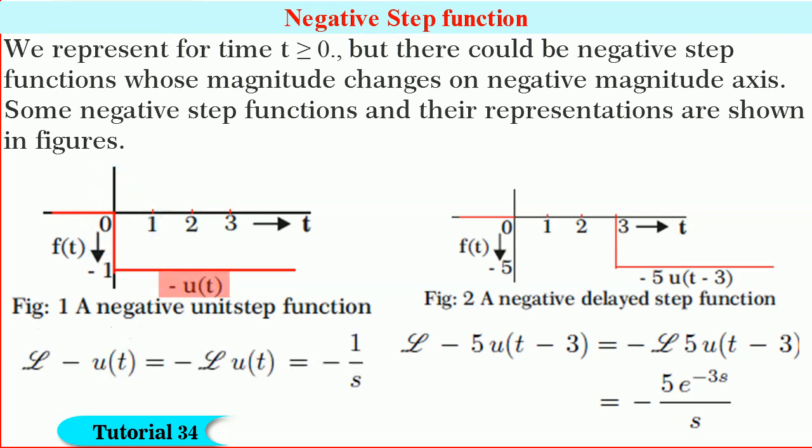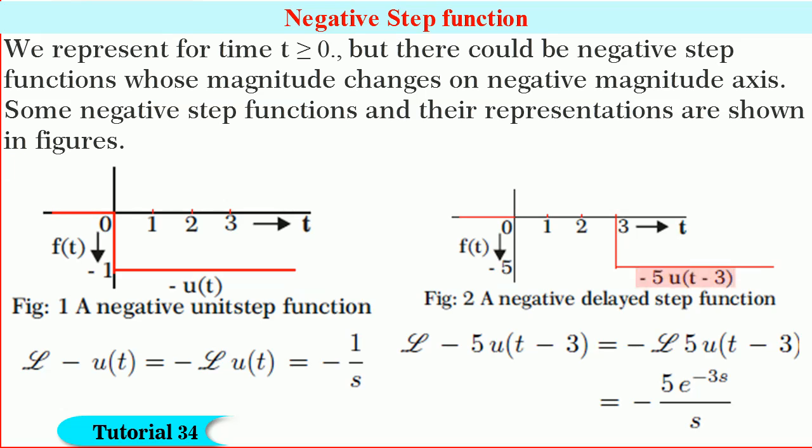It can be represented as f of t is equal to minus u of t, and L of minus u of t is equal to minus 1 over s. That is simple. Now, observe figure 2. It is also a negative step function. It has a strength of minus 5 units. It occurs at t is equal to 3 seconds.